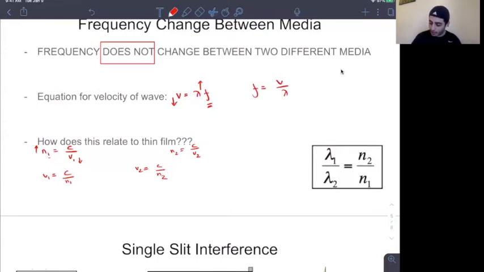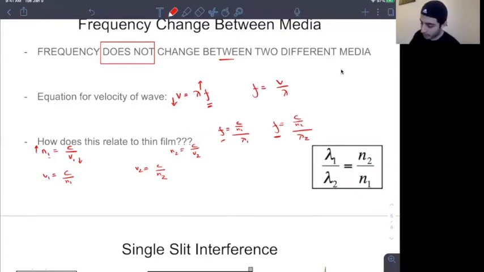We get that the frequency will equal either c over n1 over L1, or it'll equal c over n2 over L2. We know that these are equal to each other because it's the same frequency, which you said over here, because it doesn't change between two different media.